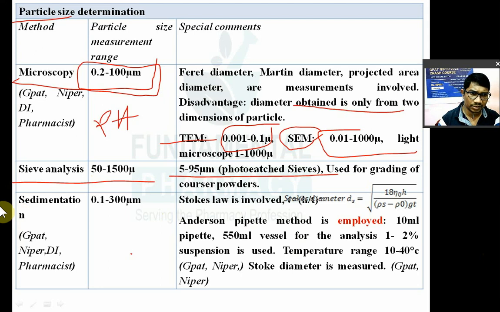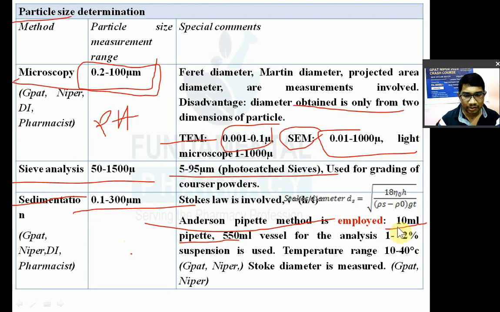Then by using the sedimentation method you can measure a particle size in a range of 0.1 to 300 micron. In this, Stokes law is used, and the Anderson pipette method is also based upon the measurement of particle size by sedimentation. In this, there is a 550 ml cylindrical vessel and a 10 ml pipette.